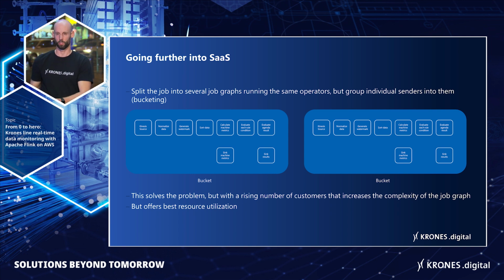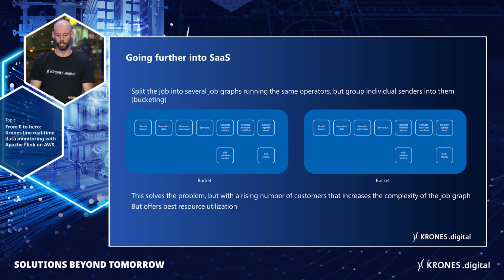We started with the shared pool resources because it gave us a lot of opportunity to get started fast, but it turned out a lot of senders behave differently. So we took the chance to isolate some of those senders into what we call buckets within the same job.